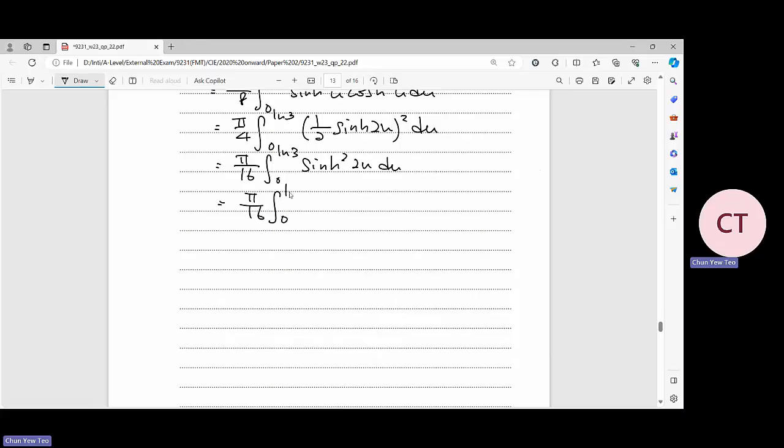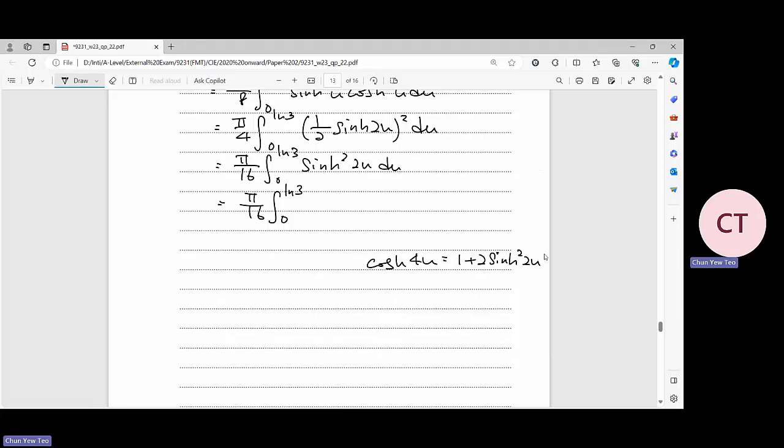Same thing like the trigonometry problem. We still need to use the hyperbolic identity. To integrate sinh² 2u, we have a formula saying that cosh 4u is actually 1 plus 2 sinh² 2u.